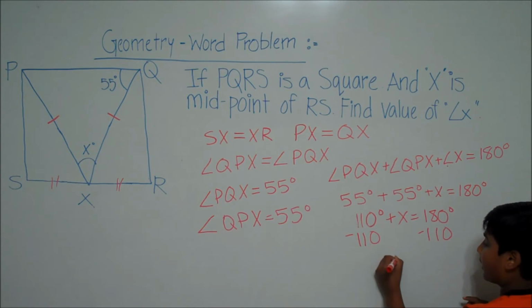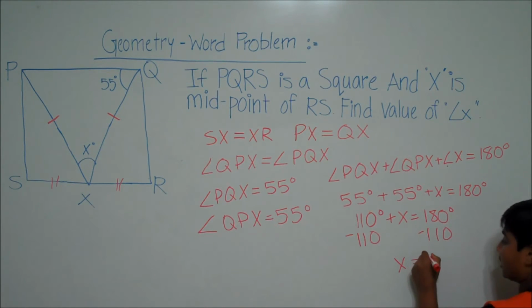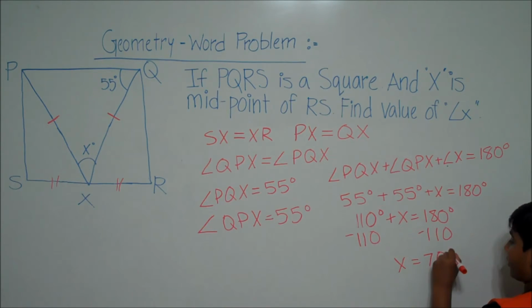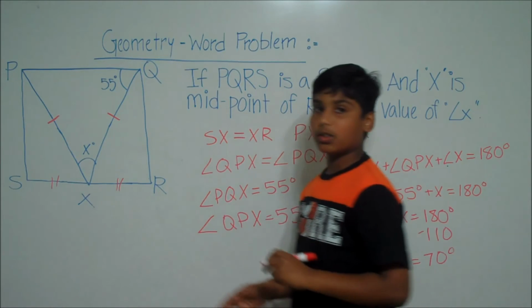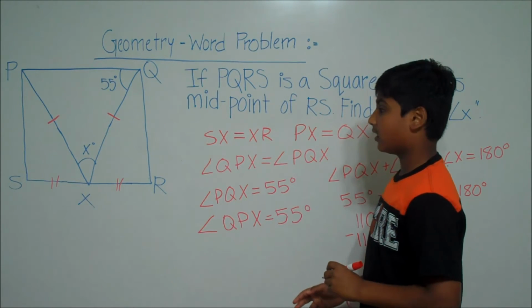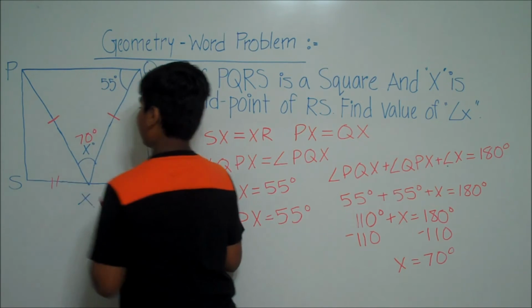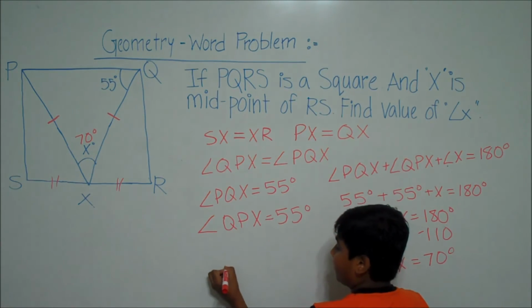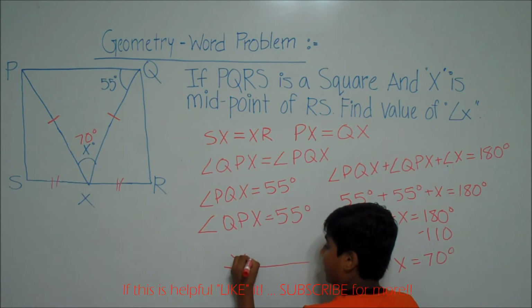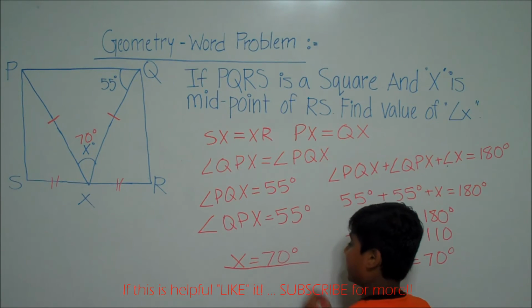So we're left with x is equal to 70 degrees. So that means that angle x is equal to 70 degrees. Let's write that down. X equals 70 degrees.